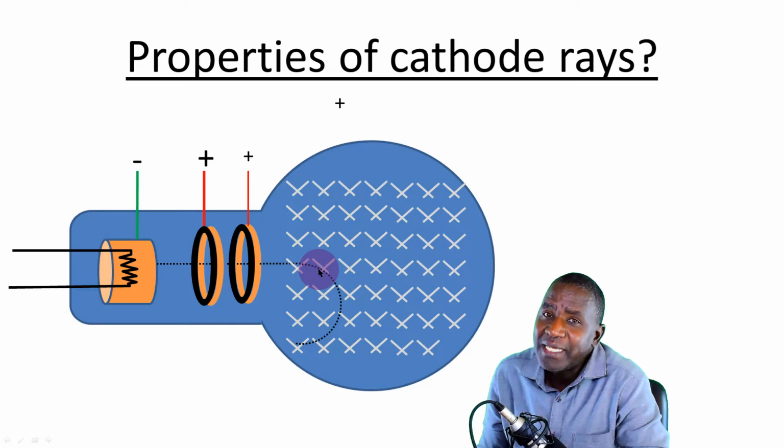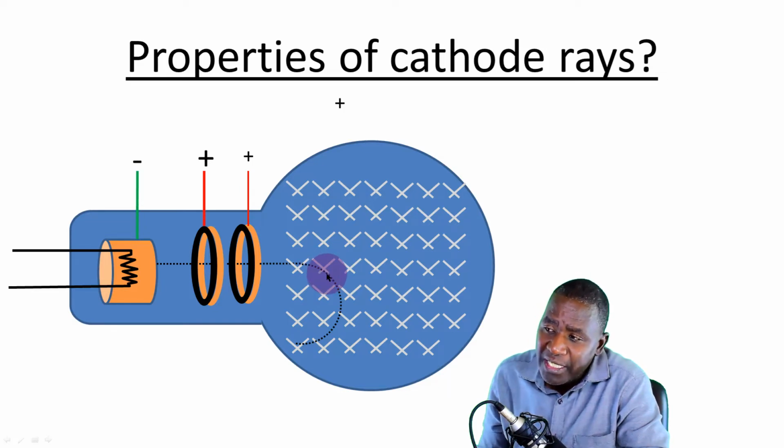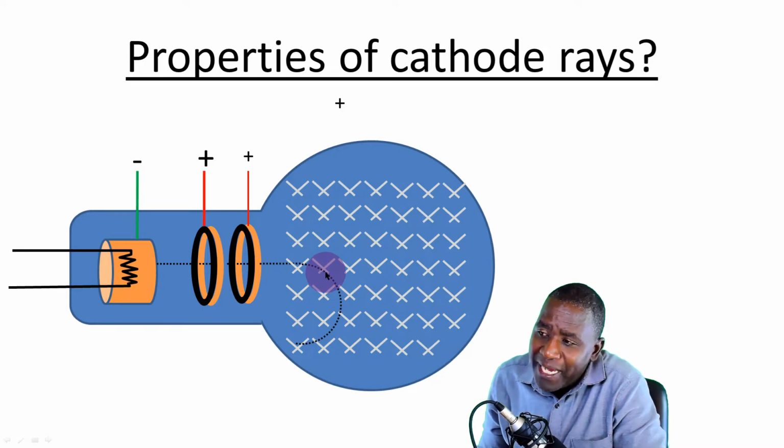I'm using the word instantaneous direction of travel. What does that mean? It means that at this instant of time, the direction of travel of that electron is tangential to the curve at that point.